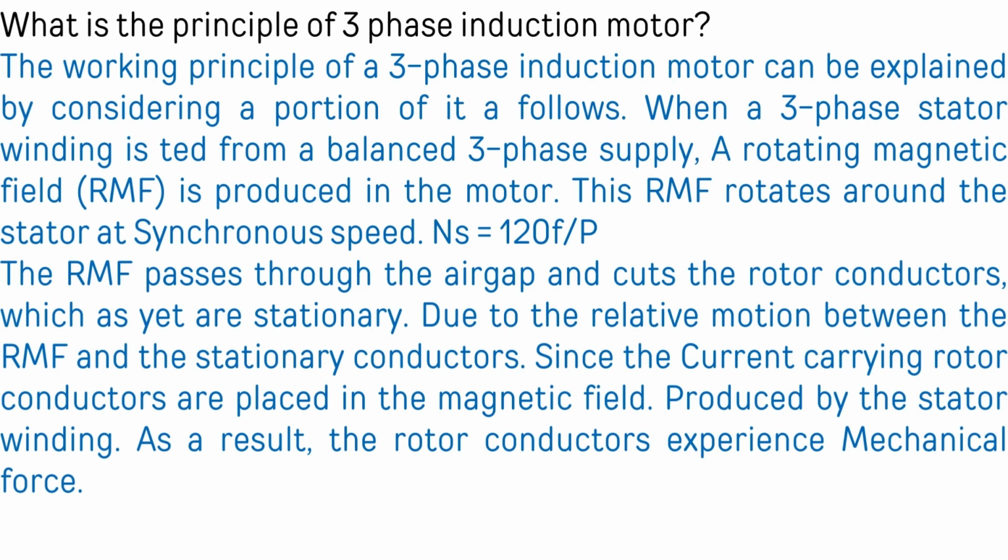This RMF, rotating magnetic field, rotates at a speed called synchronous speed, which is given by Ns equals 120 f by P. The rotating magnetic field passes through the air gap and cuts the rotor conductors, which are stationary.